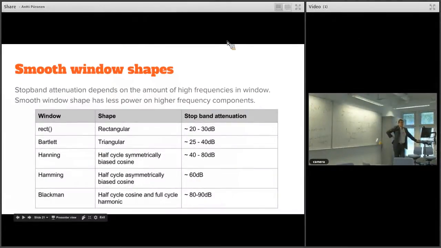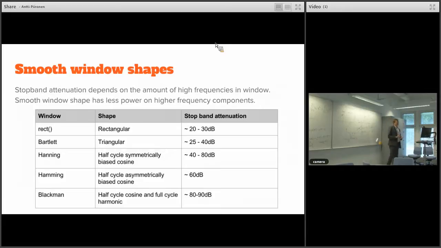Bartlett window, which is a triangular window, it's just a triangle on both sides. Even that one gives you up to 40 dB attenuation. Hanning, half cycle symmetrical biased cosine. Yes, sounds funny. Basically, it's just a cosine which is raised up, so it makes a bell kind of curve.